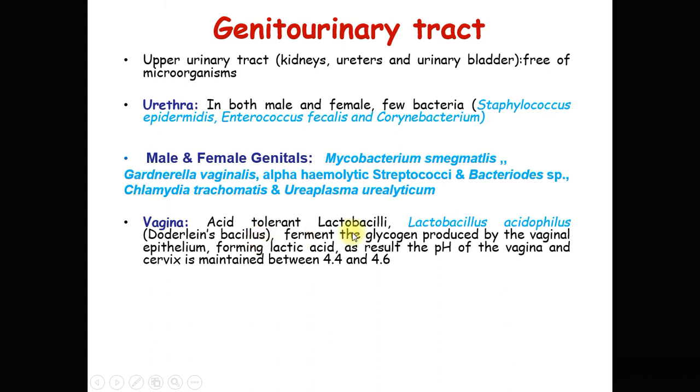This bacterium ferments glycogen, which is produced by the vaginal epithelium, and converts it into lactic acid, because of which the pH of the vagina becomes acidic, between 4.4 and 4.6. At this acidic pH the lactobacillus can survive, but the pathogens are excluded.